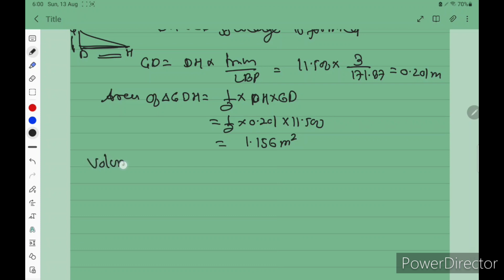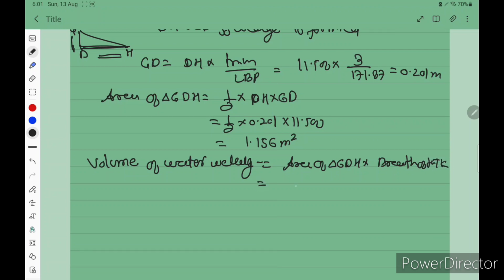Now the volume of the water wedge is the area of triangle GDH into the breadth of the tank, so it is equal to 1.156 into 15, so we get 17.34 meter cube. Volume of water.